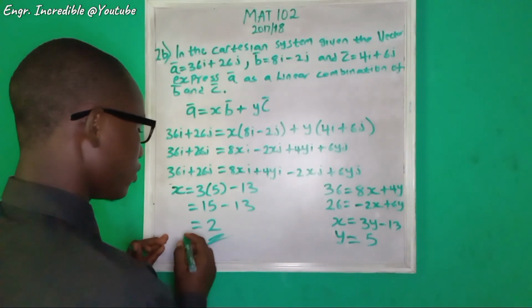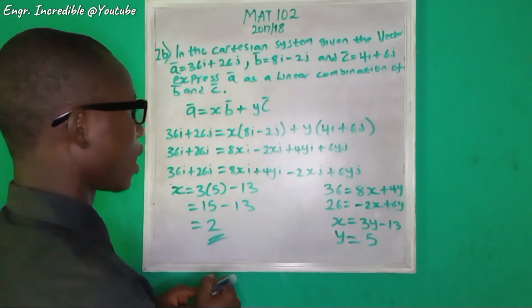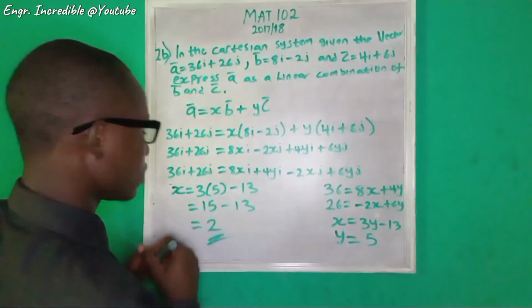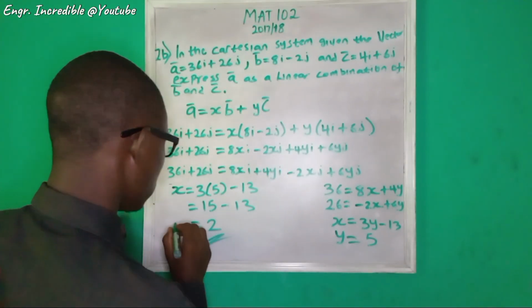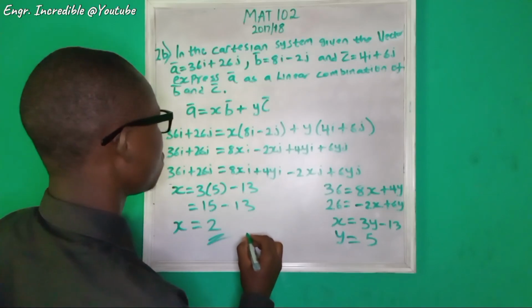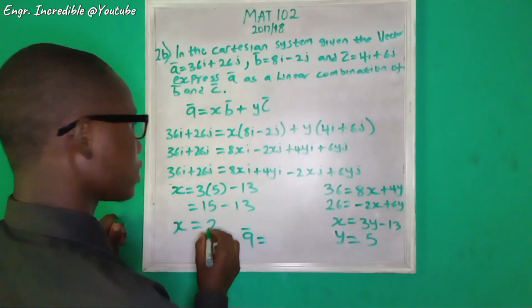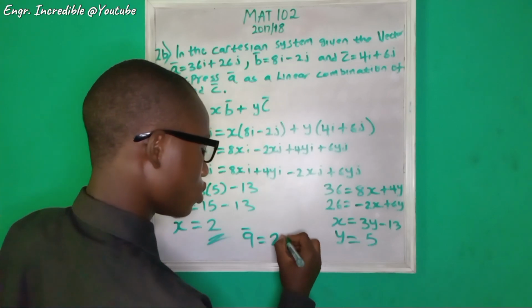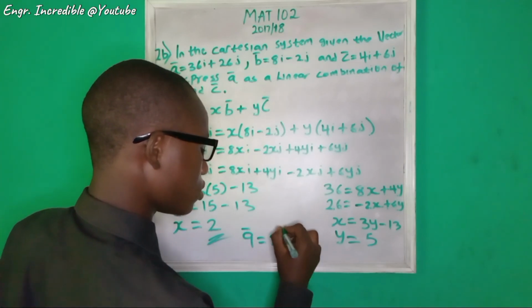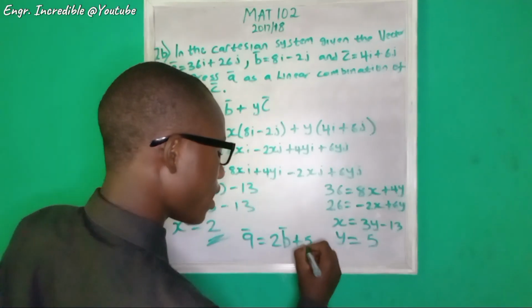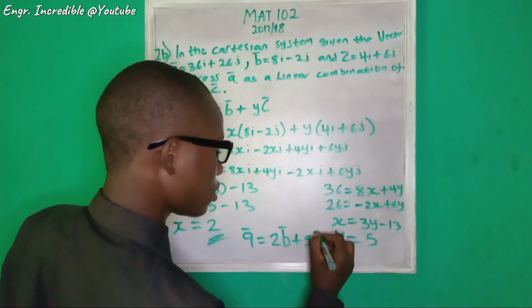So we have gotten our value for x and our value for y. Now we are coming back to our equation here. So we are going to be writing it as A equals, x now equals 2, 2 times B, plus y equals 5, 5 times C.